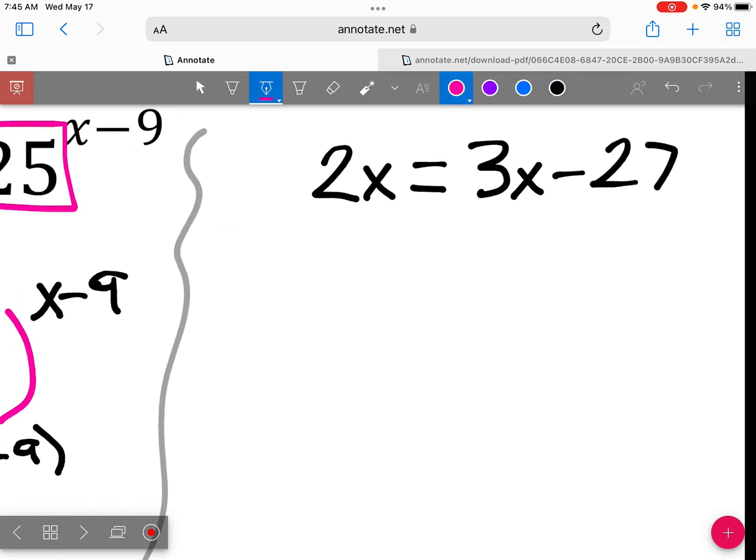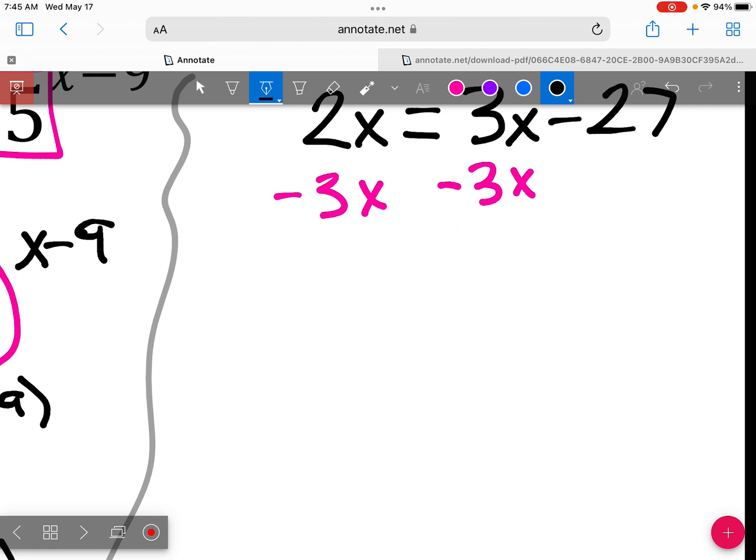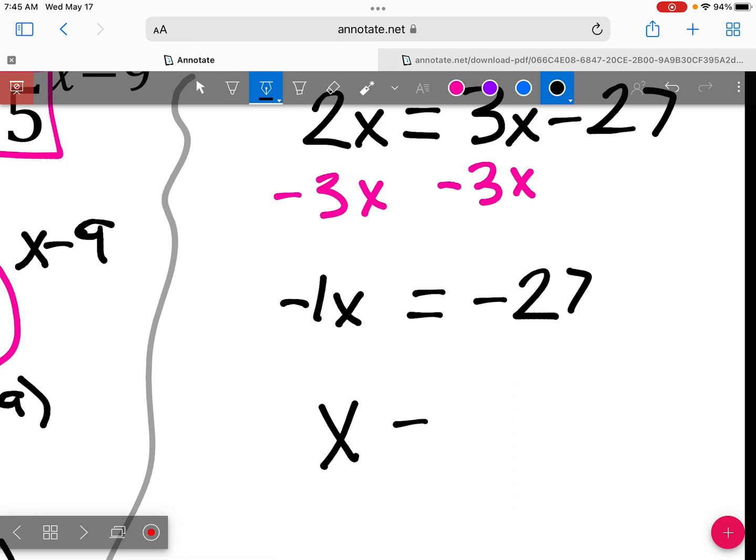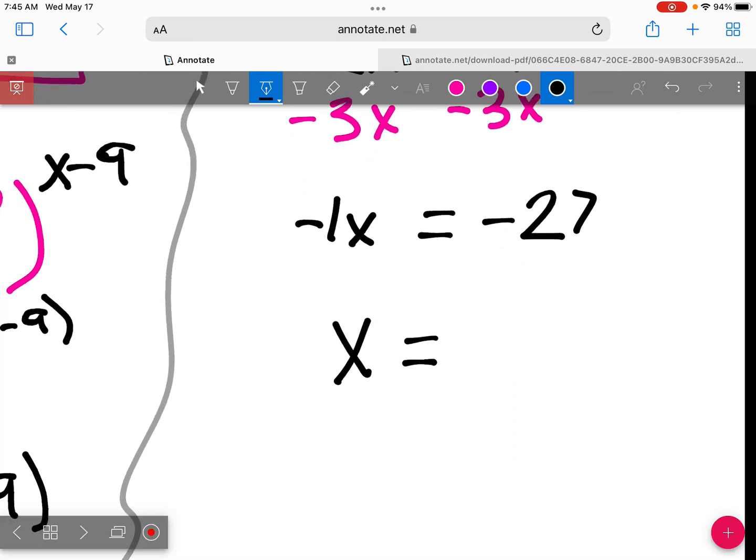Subtract the 3x. Let's get those x's together. How many x's are we left with on the left side? Negative 1x equals negative 27. So what does x equal? Positive 27.